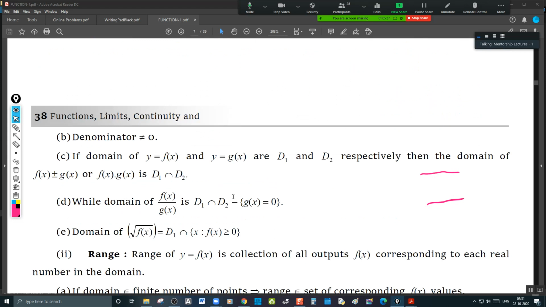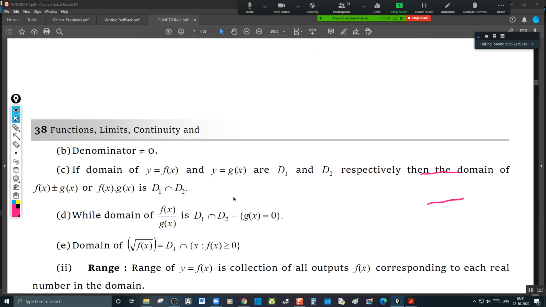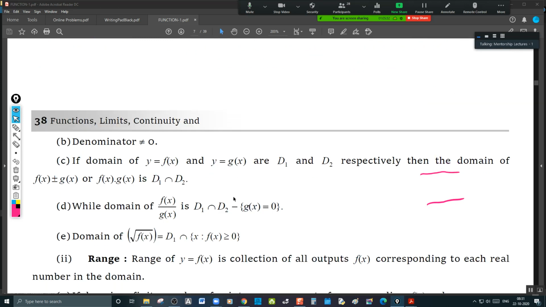Methods to find the domain and range of a function, this we will be discussing in the problems.